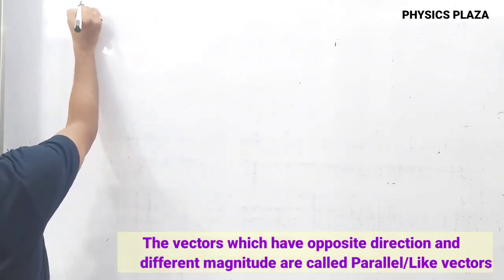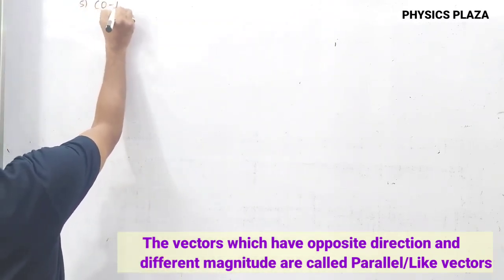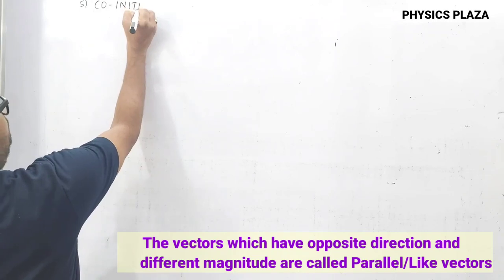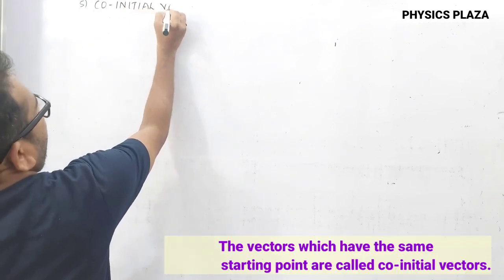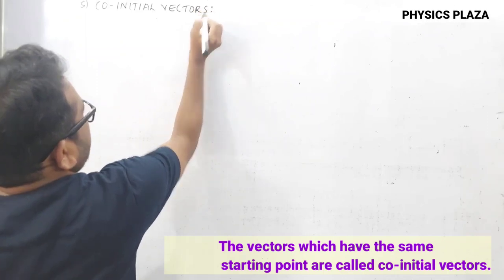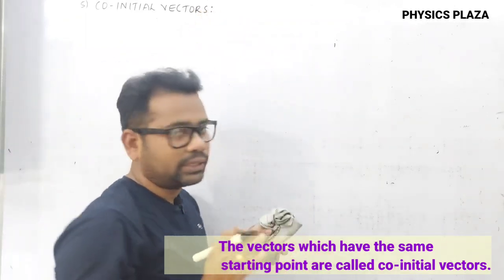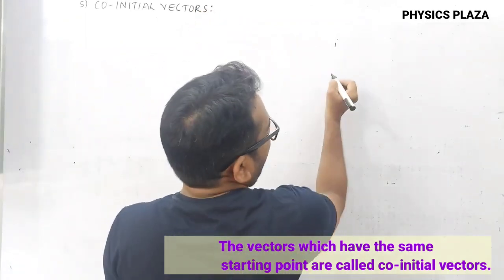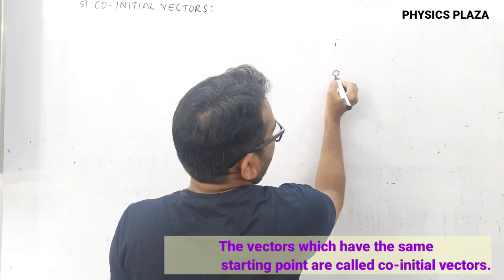Now the fifth one, children, is co-initial vectors. For suppose, let us say there is one common point.